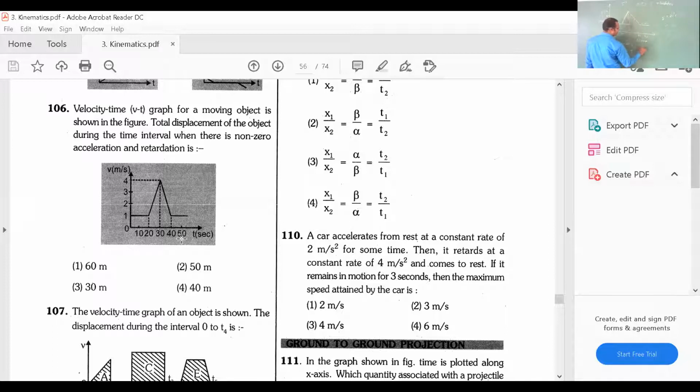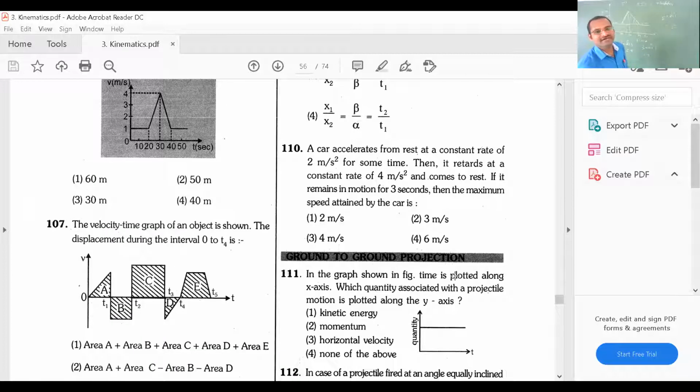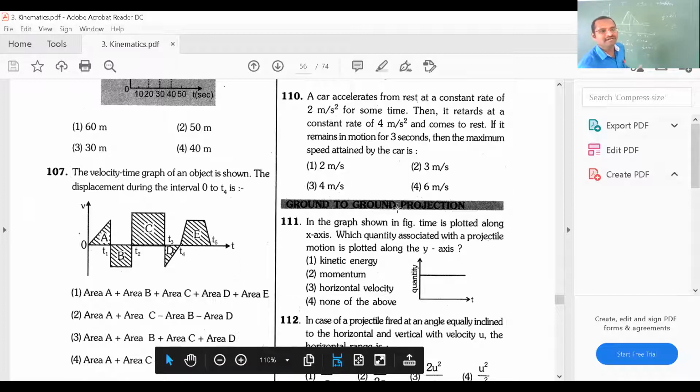Again half into base, base is 30 to 40, which is 10, into height 3. 5 threes are 15. 15 plus 15 is 30. So option 3 is the right answer, I thought. Let it be that they have given the fourth option, but option 3 is what our calculation says.